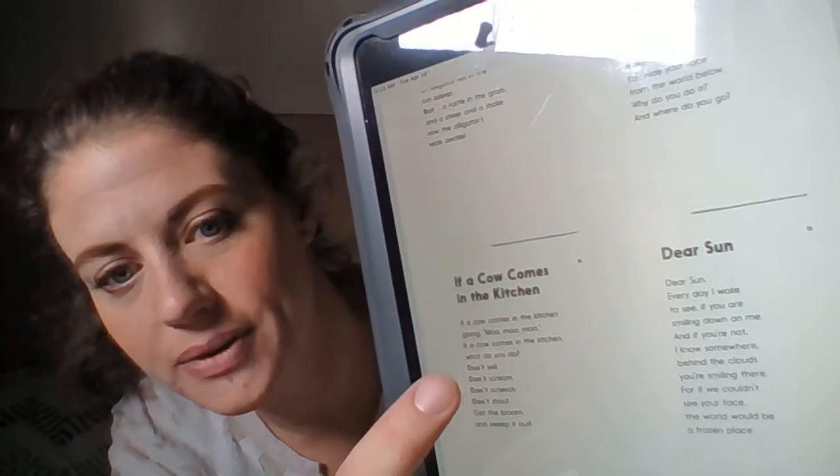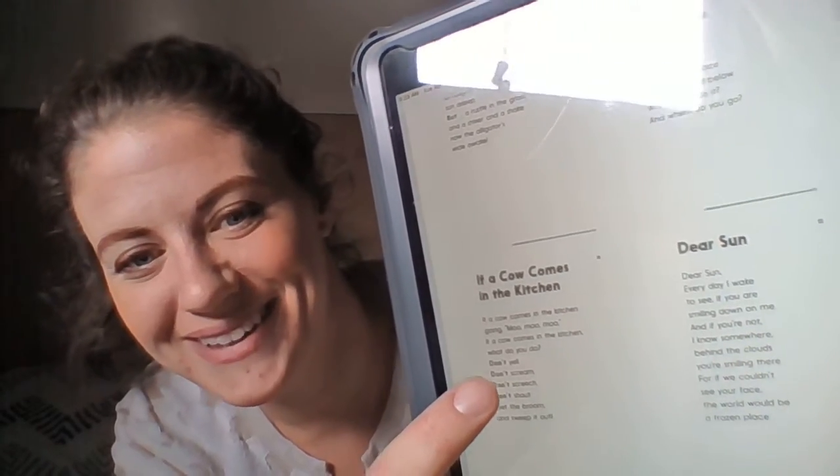Our creating time for the week is creating a dance, a clapping pattern, or even a rap that uses the poem you are working on today. And here's the poem, "If a Cow Comes in the Kitchen," right there. A nice short poem.